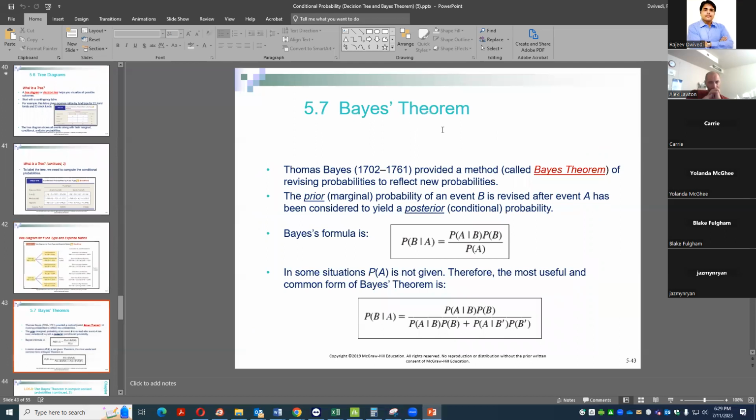Bayes theorem, we have this Bayes theorem. It was developed by Thomas Bayes in the 17th century. It says the marginal probability of an event, the prior probability, is revised after event A has been considered to yield the conditional probability. So the marginal probability will be changed when the event happened.